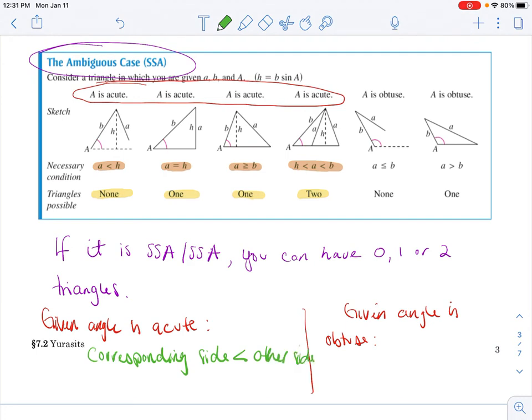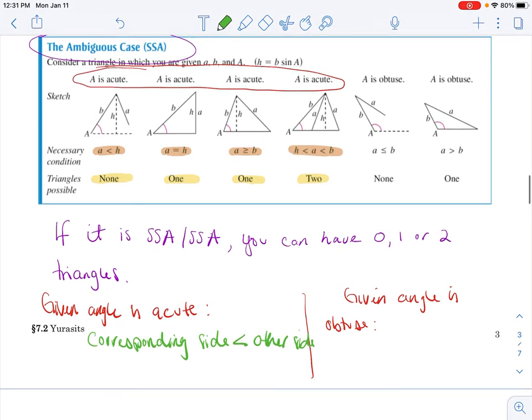I'm not going to get attached to A's because not all the triangles given to us are in terms of A's and B's and C's. Again, just stick with me and I'm going to show you an example. If your corresponding side is smaller than the other side, then it's 0 or 2 triangles. So let me say option 1.